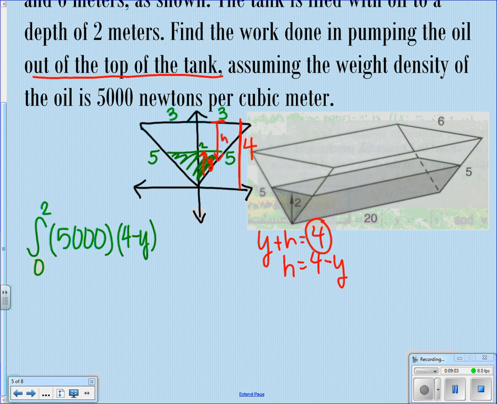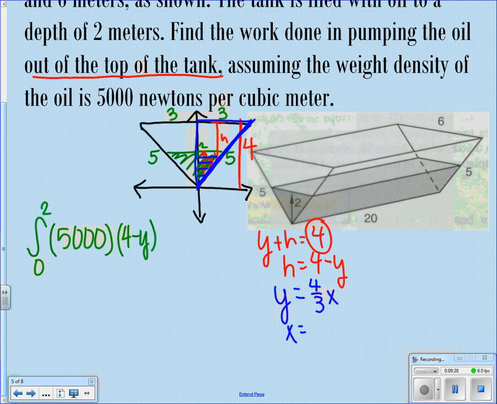And now we have to do our volume. Now on this one, the length here is changing. And it's changing by whatever the equation of this line is. So we're going to say y equals the slope. We go up 4 and over 3. And it goes to the origin, so that means that our y-intercept is 0.